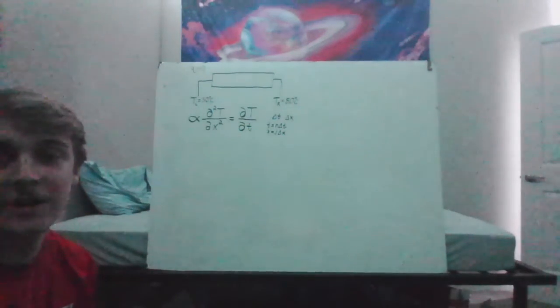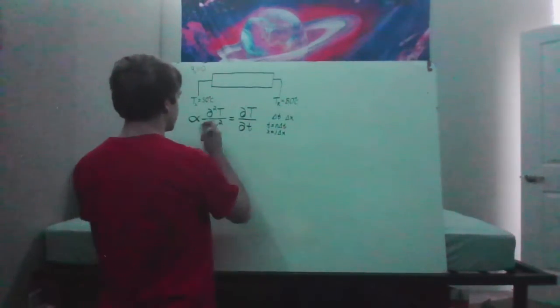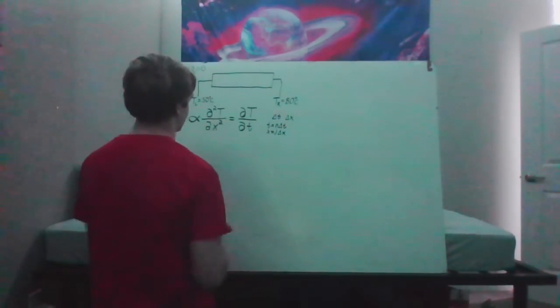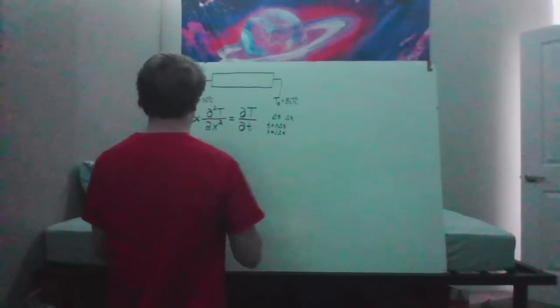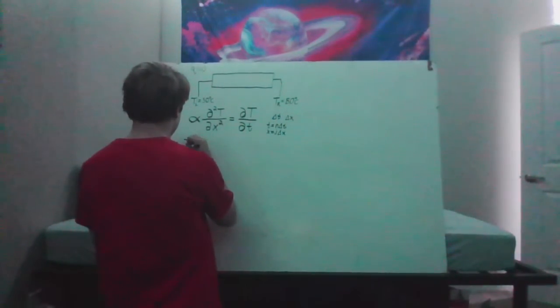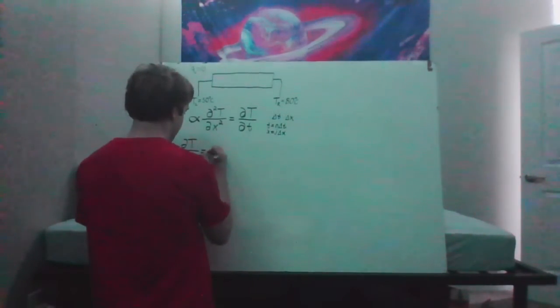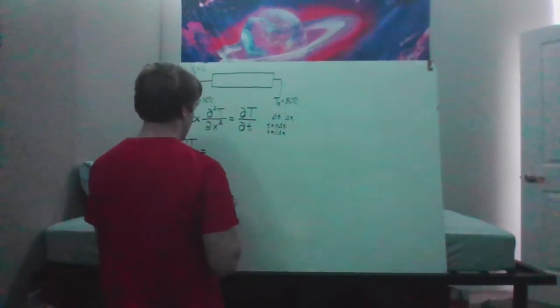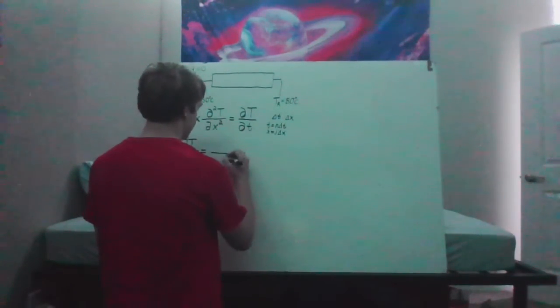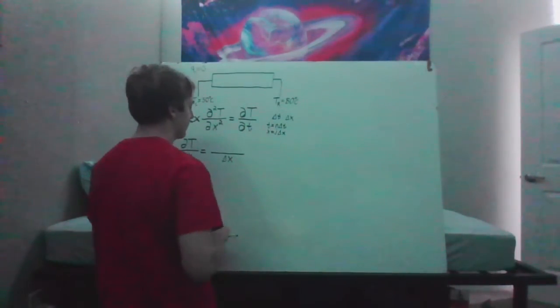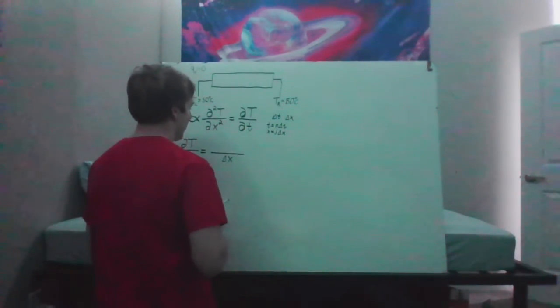So now we can start our explicit differencing. We're going to start off with the harder one, the second partial derivative of the temperature over position. But we're going to start off just doing the first derivative. And obviously the bottom will just be our delta x, our change in the x, or position, that we're using.